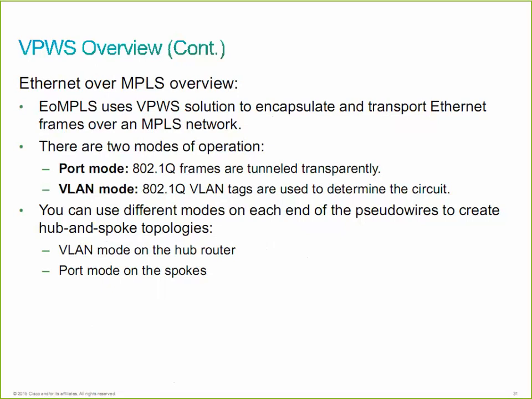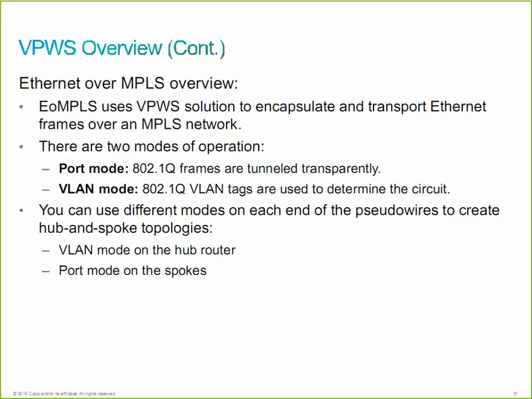If I'm operating in VLAN mode, and by the way, port mode would probably in most cases be the preferred method, the .1q header of the incoming frame gets examined to determine the circuit where the frame needs to be transmitted.